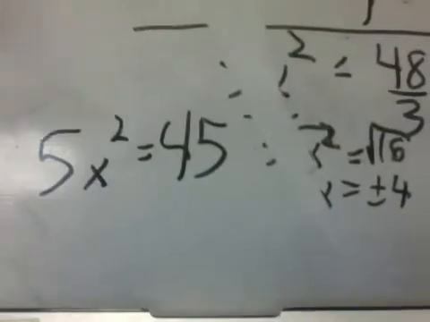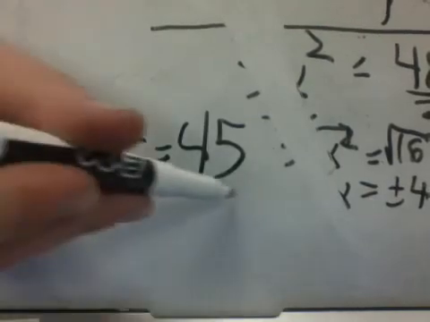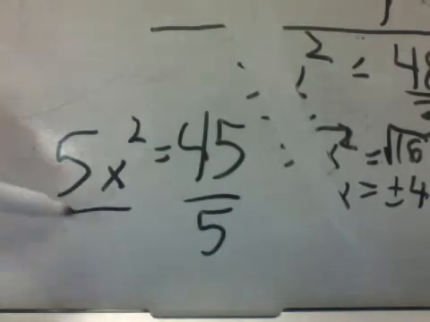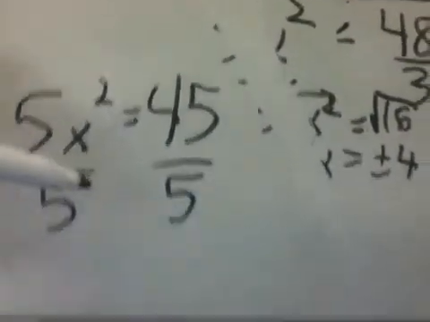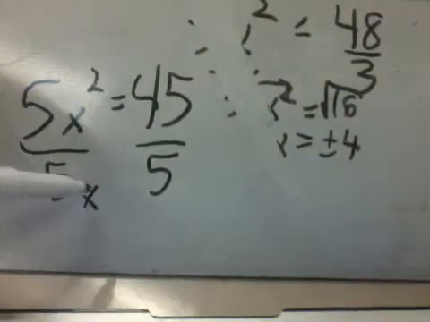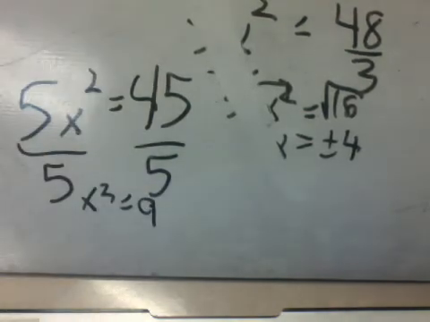You're going to treat it like a normal equation. Notice there's an x squared term, but no x term. Divide both sides by 5. So I end up with x squared equals 9. Follow along and write this down.